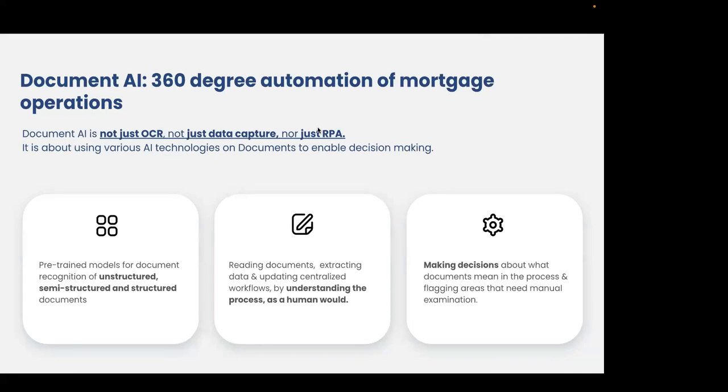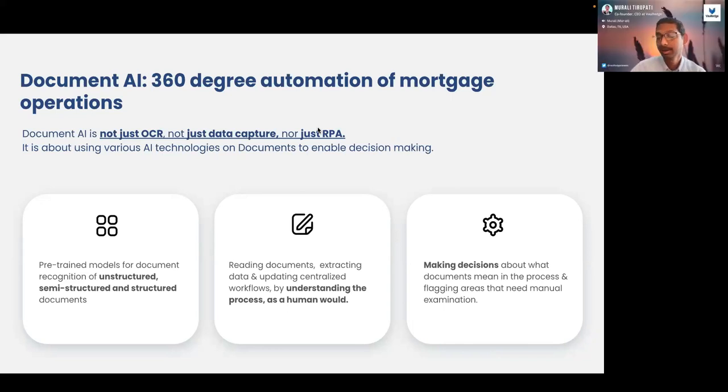The first step is to make sure that all of this is integrated into our business processes, and then we layer in the intelligence on top of it. So these use cases are obviously not limited to mortgage. They're found everywhere.